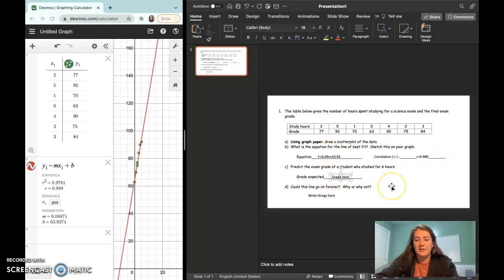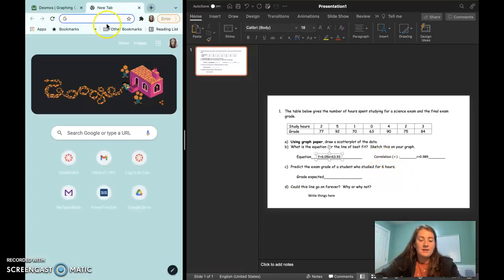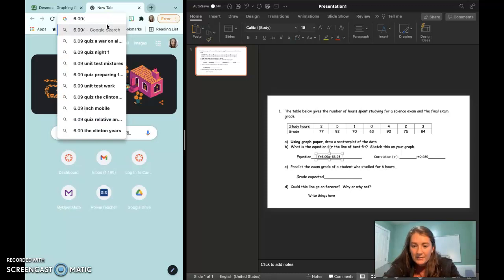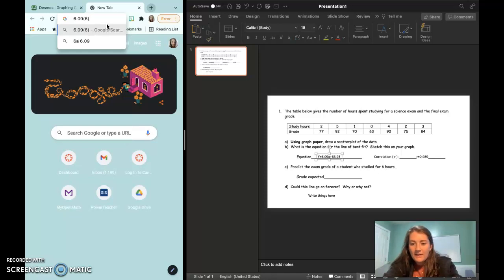And we're just going to answer a couple of other questions here. For instance, predict the exam grade of a student who studied for 6 hours. So we have this equation and x is number of hours. So I would just plug 6 in for x and plug it into my calculator. 6.09 times 6, because I'm plugging 6 in for x, plus 63.93.